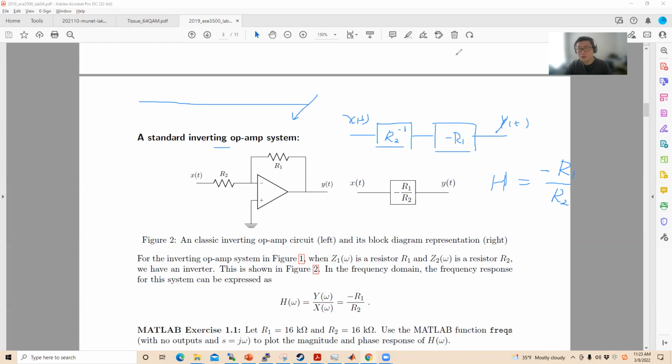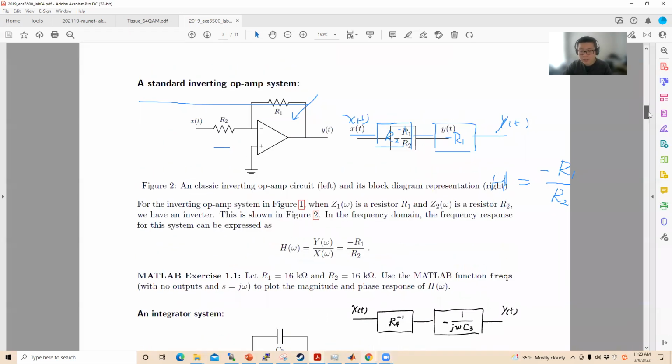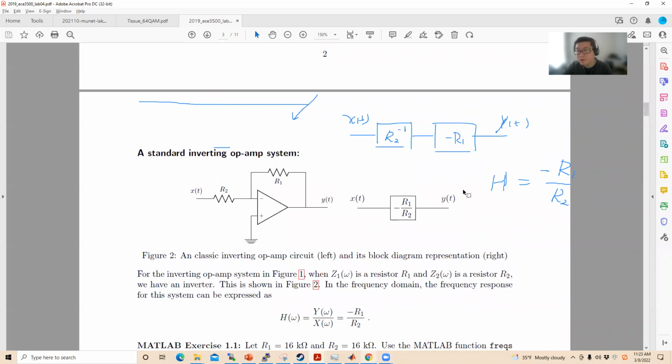According to this final system response, we know that the numerator part has only one value, and this one value corresponds to the zeroth order coefficient, and the denominator part has also one value. It's also corresponding to the zeroth order coefficient.